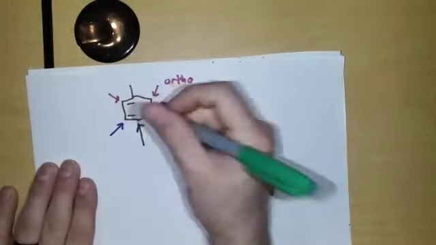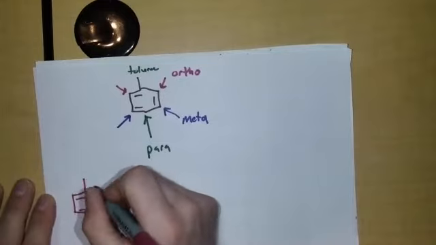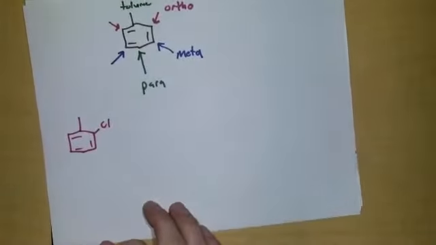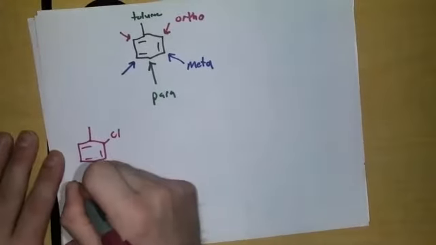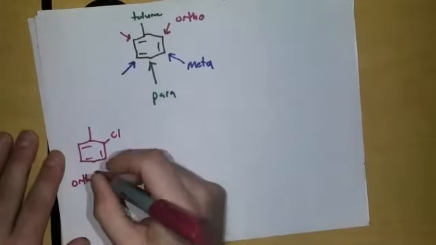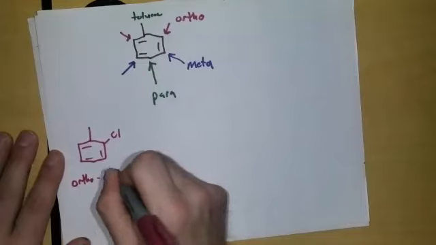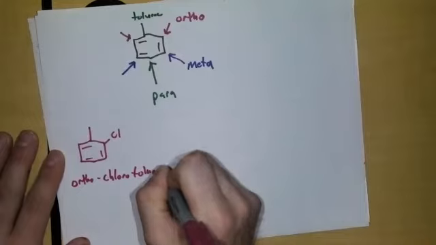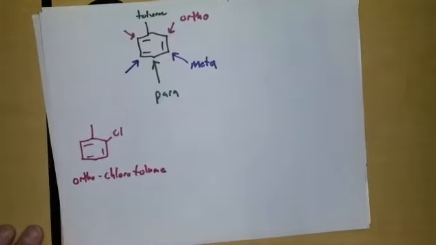And if we had two substituents, like this here, we could refer to this as ortho chlorotoluene. We could also call it orthomethyl chlorobenzene.